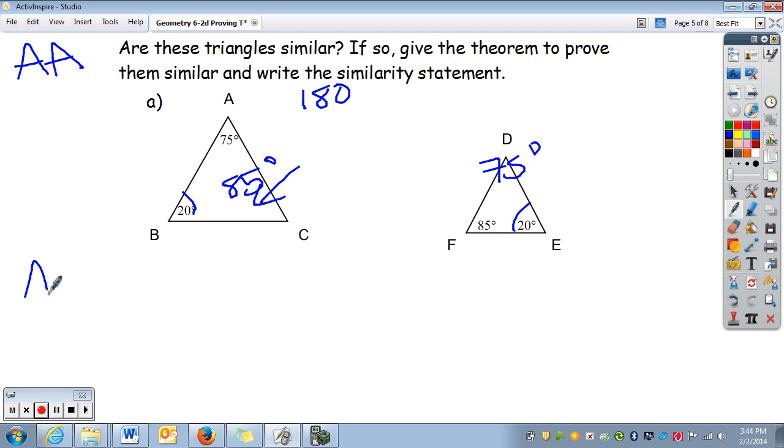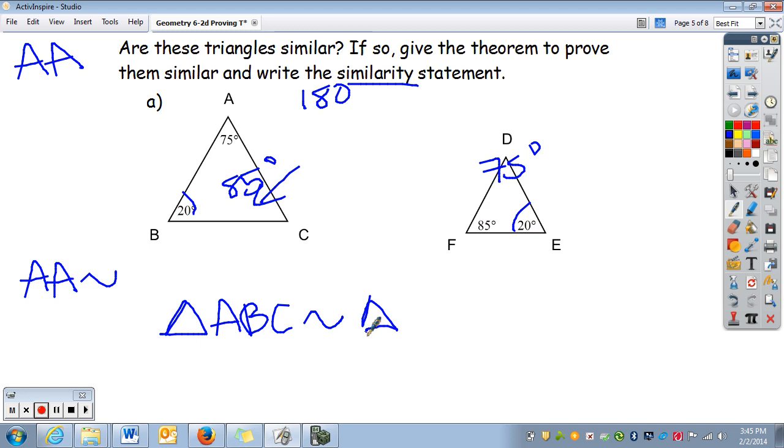So we can prove by the angle, angle similarity. So now we need to write a similarity statement, which we did in previous sections. We can go triangle ABC is similar, use our symbol for similar, triangle A goes with D, B goes with E, and C goes with F.